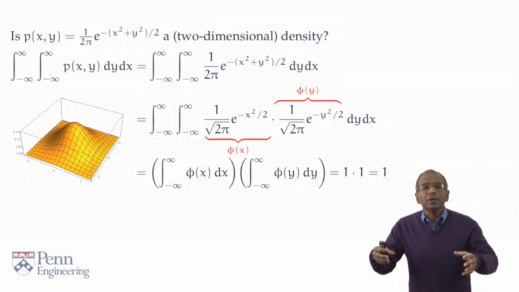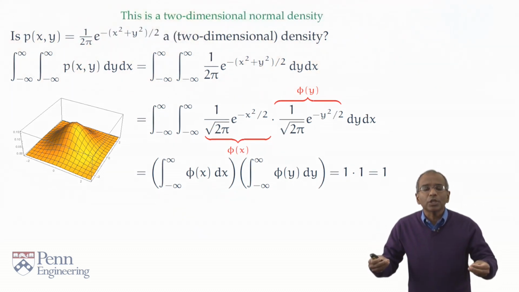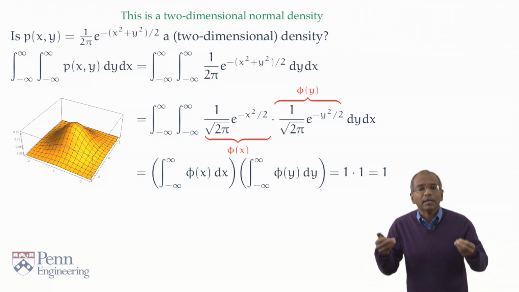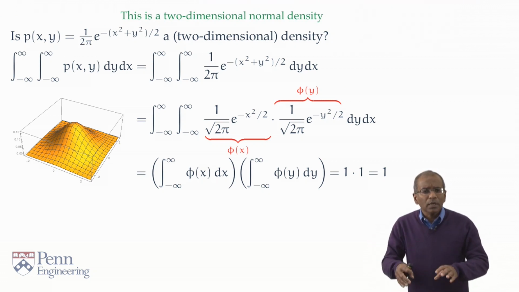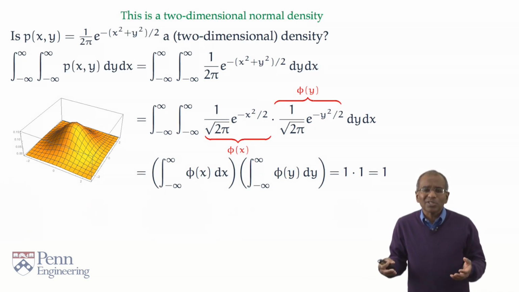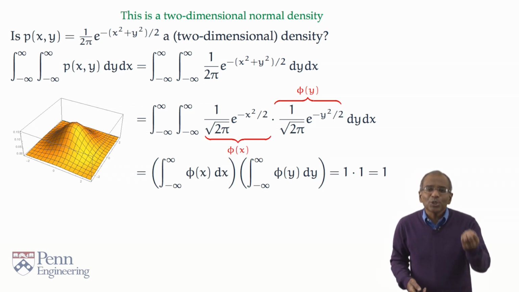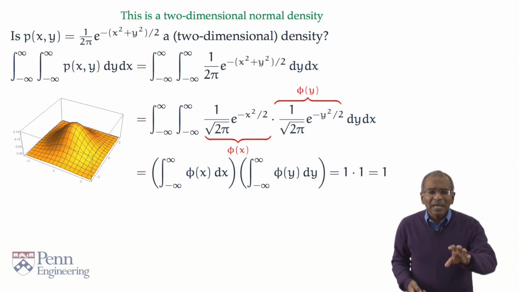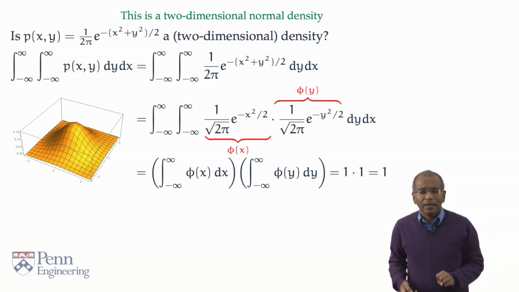This is an example of a 2-dimensional normal density, a 2-dimensional bell curve. All right. A general verification will proceed along these lines, though of course the difficulty in verification will depend upon how complex the function is and how hard it is to do a particular integration. But the basic ideas are clear.